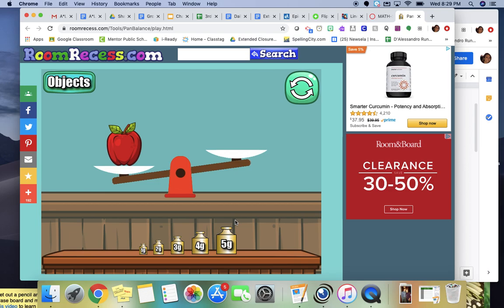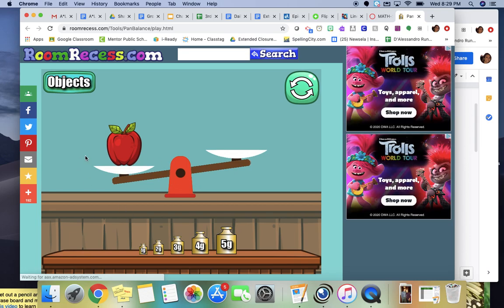The gravity pulls the object down on the scale. We need to figure out how much that apple weighs by putting gram weights on the other side. And we stop when they're even, because that would tell you that the apple weighs the same amount as whatever the gram weights are on the other side.